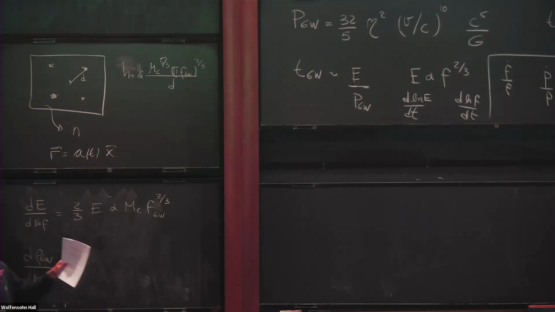The universe is expanding, but I'm talking about the number of sources in a given comoving volume. So I'm trying to understand the energy density in that comoving volume. Okay, so the formula looks something like this.